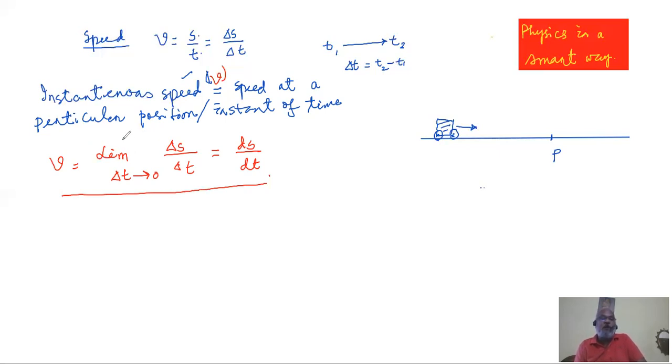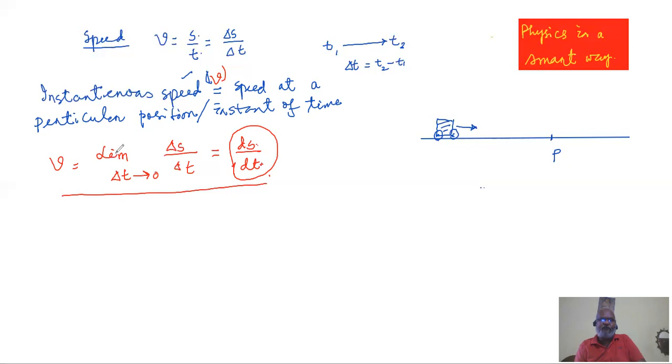We know that is limit delta t tends to 0, delta s by delta t. That is same as ds by dt. At the moment you see the term ds by dt, you clearly recognize that that is the derivative of s with respect to time. That is the derivative of distance with respect to time.